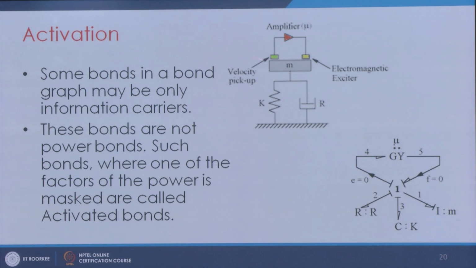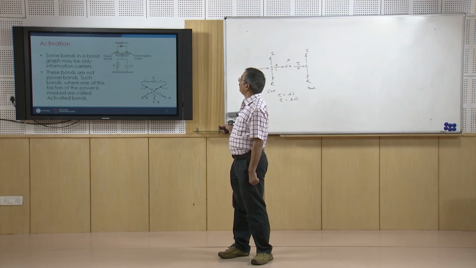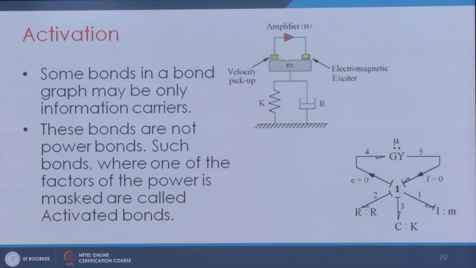So, suppose we have a spring mass damper system, and I want to put this mass at a certain position. Then I pick up its velocity using a velocity pickup, I amplify that velocity, and then I apply a force on this mass using an electromagnetic exciter, so that I am able to keep it at a certain position. Okay.